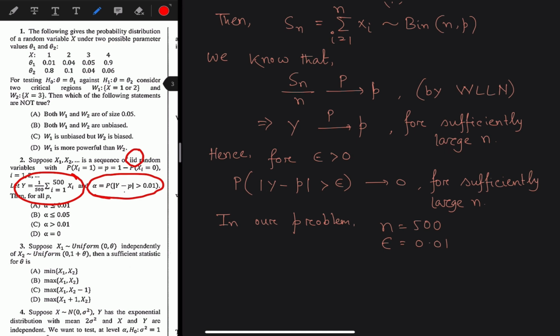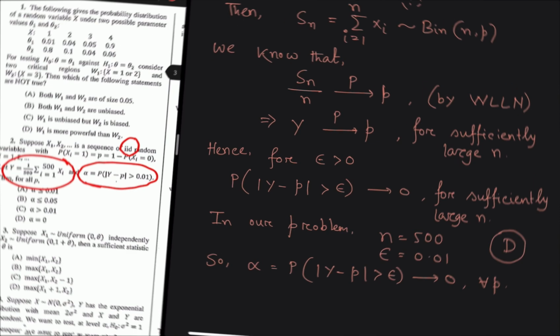So epsilon is positive and small n is sufficiently large. So we can say that alpha equal to the probability of mod of y minus p being greater than epsilon will tend to 0, and this is true for all p, or for any p. Okay, so option D will be the correct option for number 2.